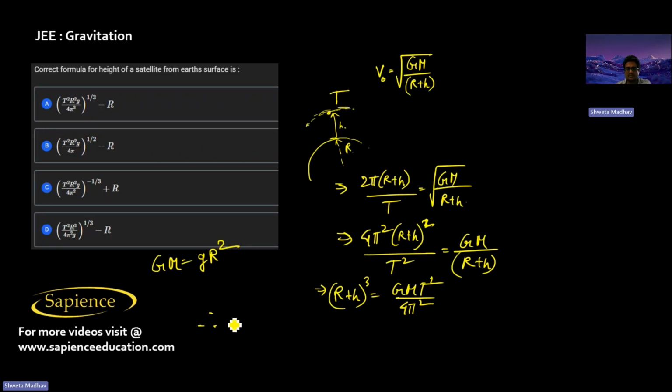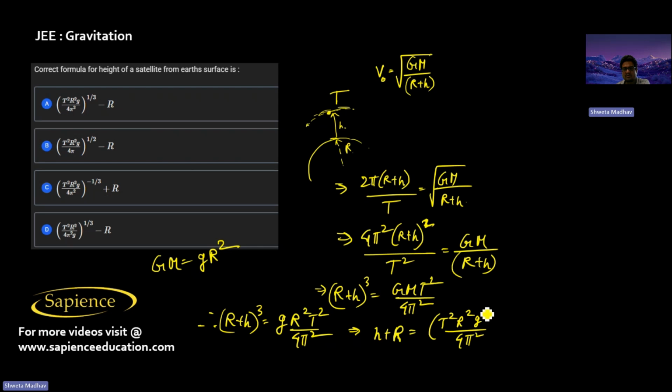So therefore, (R plus h) whole cube is equal to g R square T square by 4 pi square. Therefore, R plus h will be equal to the cube root of this, which is (T square R square g by 4 pi square) whole power 1 by 3. So height will be equal to this minus R, that is (T square R square g by 4 pi square) whole power 1 by 3 minus R. So option A is the correct answer.